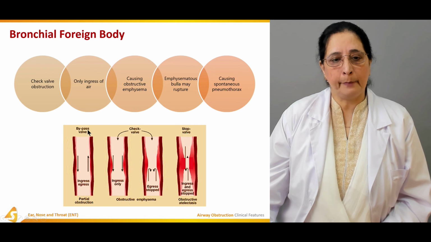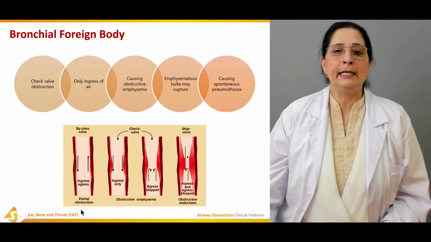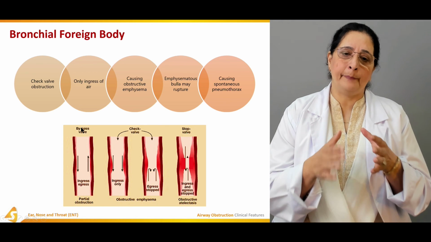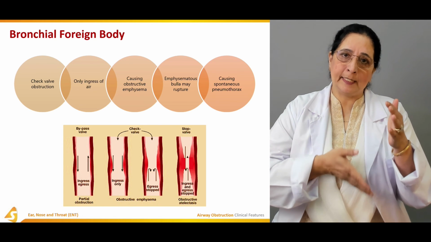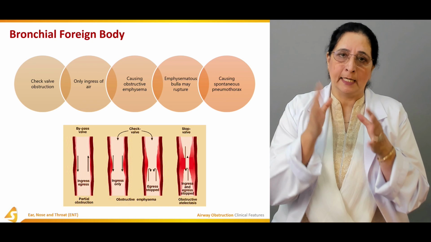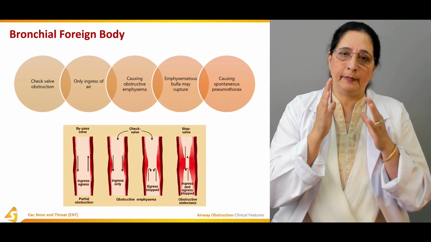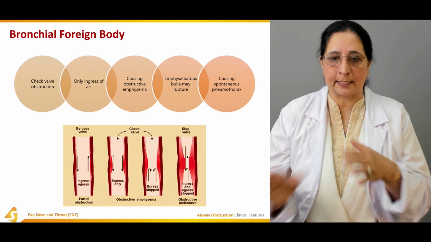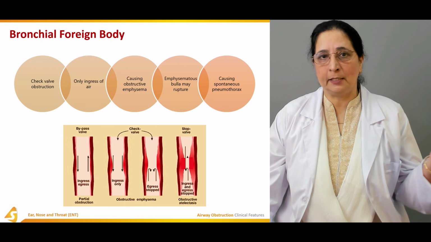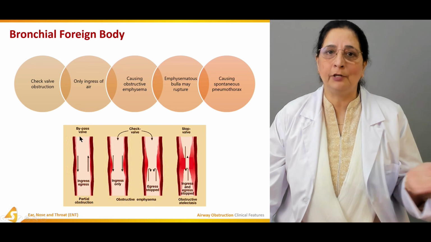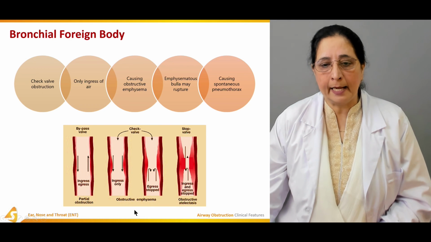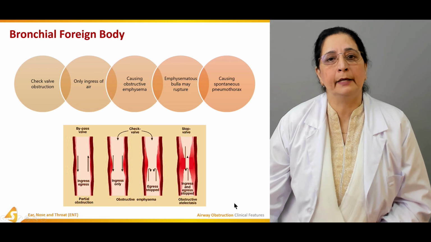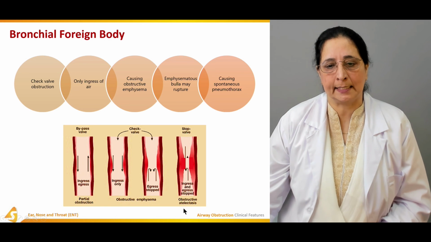So this is the bypass valve. In a bypass valve we have both ingress and egress. So if there is a bypass valve, ingress is present, egress is also present. In a check valve, we have ingress, no egress. And then the stop valve completely stops, no ingress, no egress, and this can cause obstructive atelectasis here.